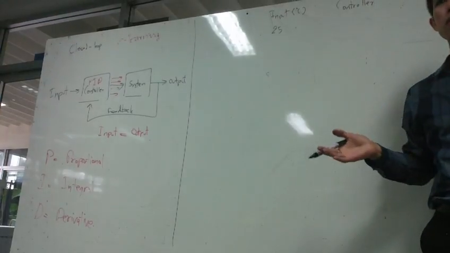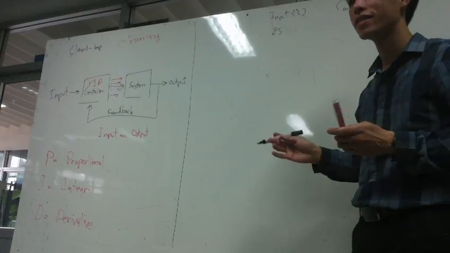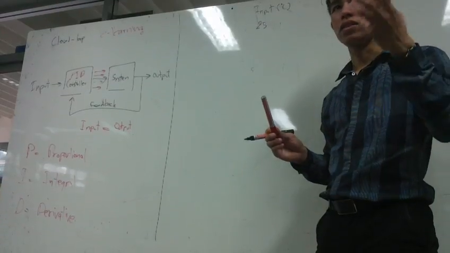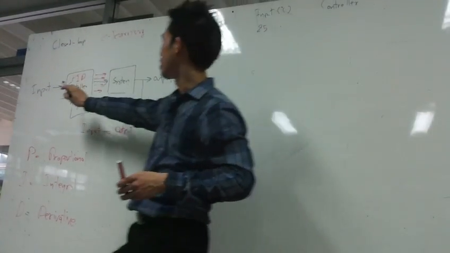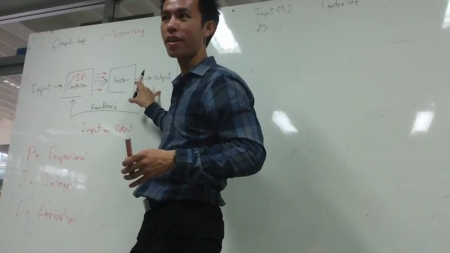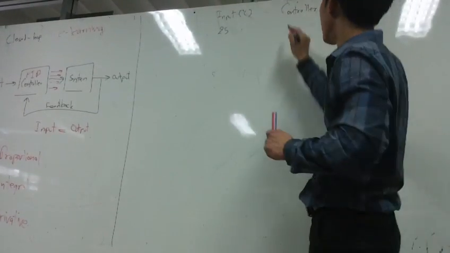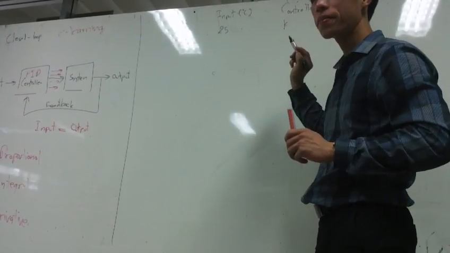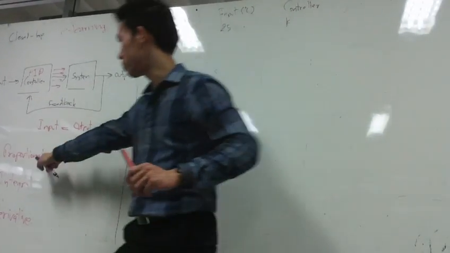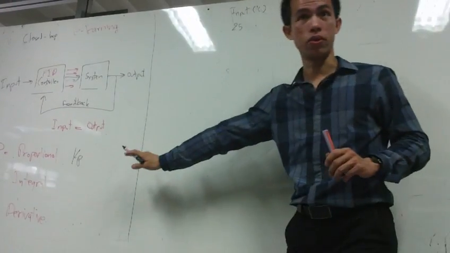So what does the controller do? It's trying to make sure that the output is 25 too. So the way it works is it has a constant K. When we work with a proportional controller, this is KP, K proportional.